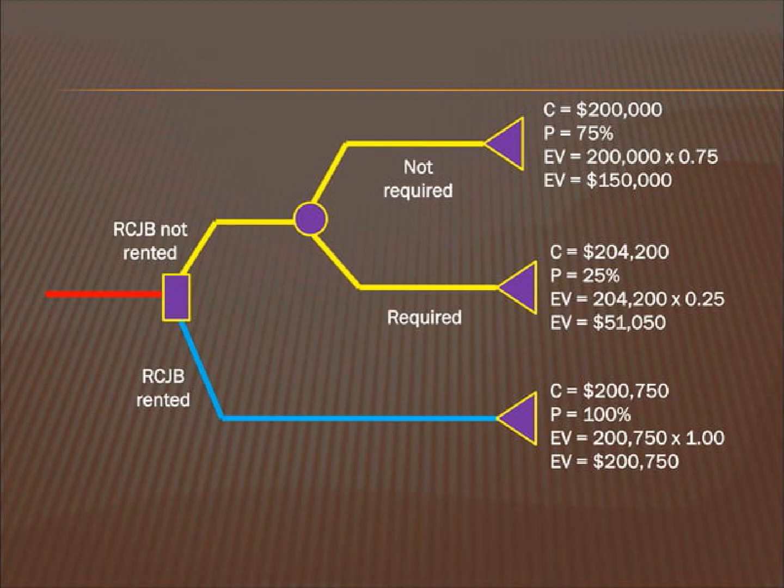If the financial investment is up to $204,200 and the probability of success is raised to 100%, the EV is $204,200. This slide thus demonstrates the connection between financial investment, probability of success and economic value.